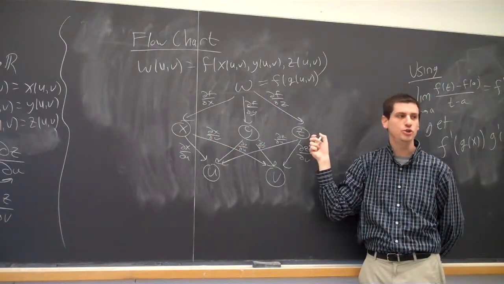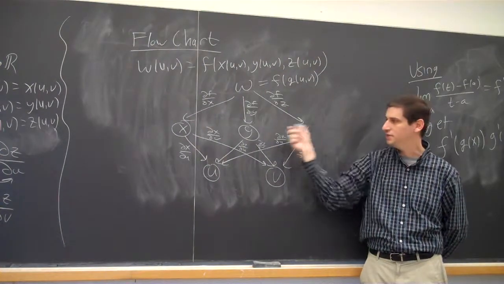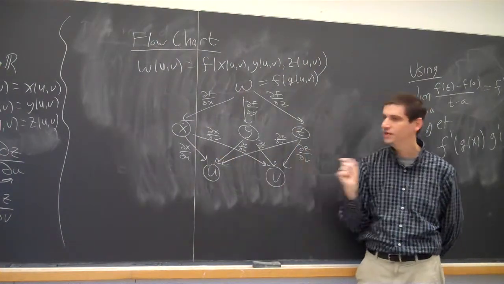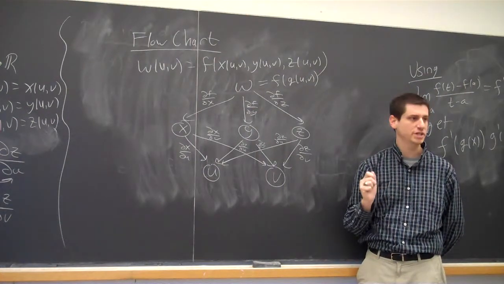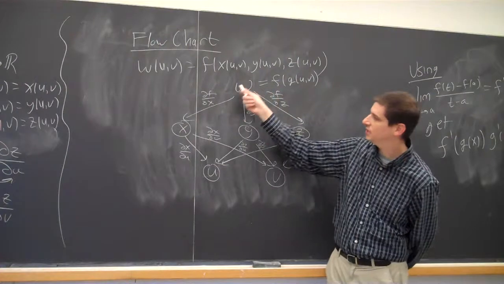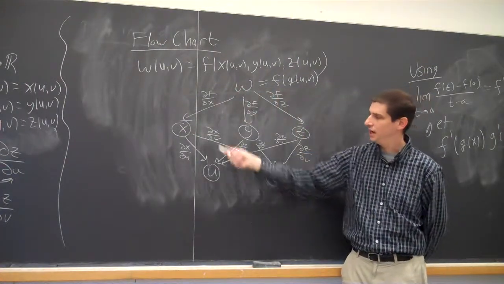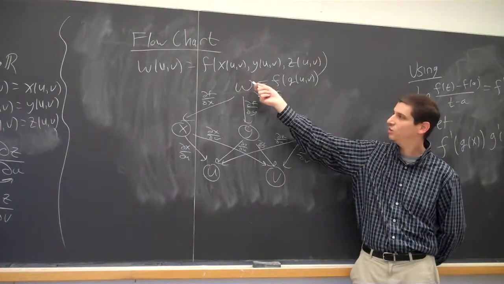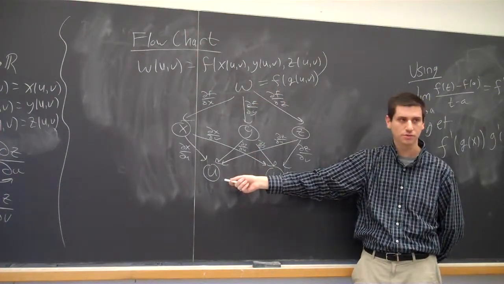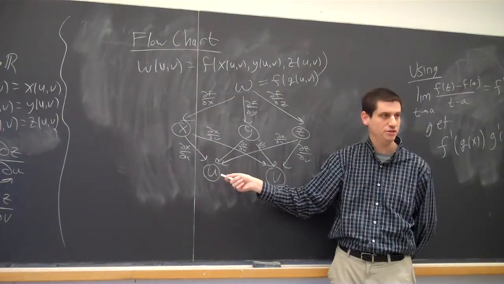In the next line, you put the variables that f depends on, x, y, z. In the next one, you put the variables that the x, y, and z depend on. And you draw an arrow to indicate how you can move. I can go from w to x, w to y, w to z, and I can go from x to u or x to v. And if I want to figure out what is dw du, I look at all the ways to get paths that end in u.